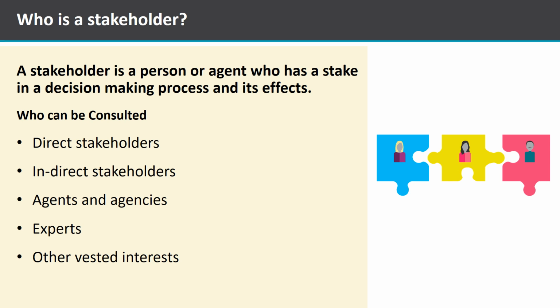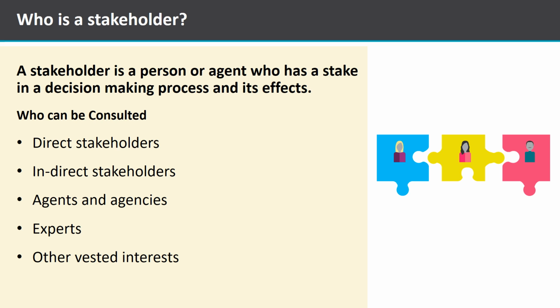Firstly, we have to ask, who is a stakeholder? It is defined as a person or agent who has a stake in a decision-making process and its effects. Following, we have to ask, who can be consulted? It can be direct stakeholders, referring back to the definition of stakeholder.